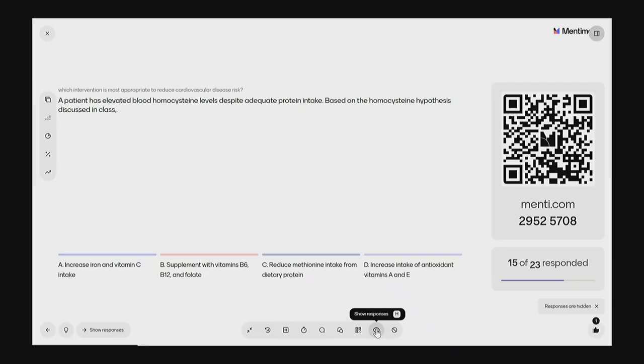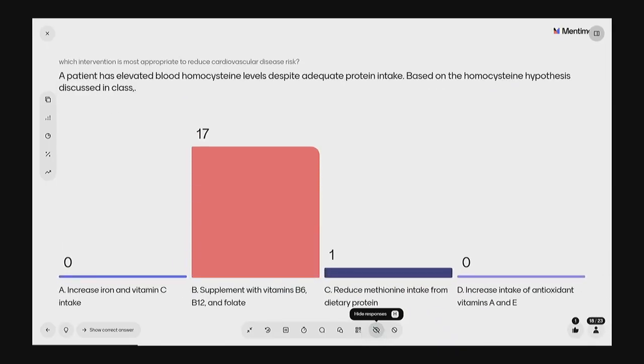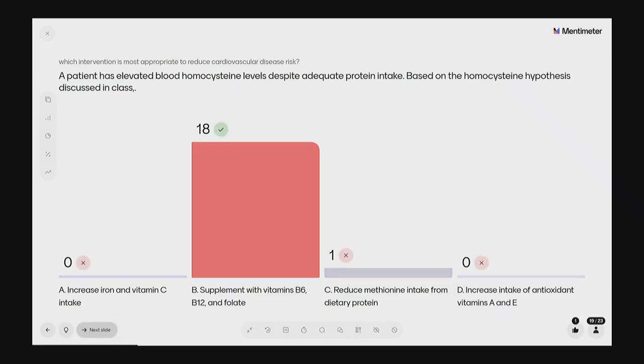So maybe we can have a few more people signing as well. Okay, because we don't have a lot of time, let's see. Most people are saying supplement with vitamin B6, B12, and folate, and that is the correct response. Why is this correct?